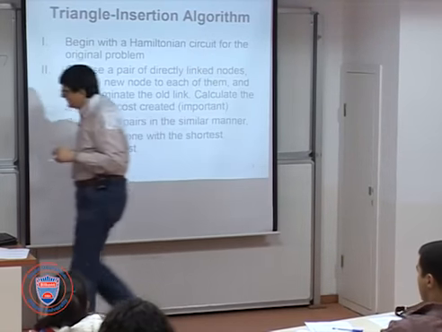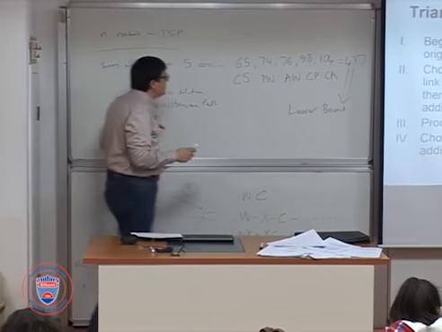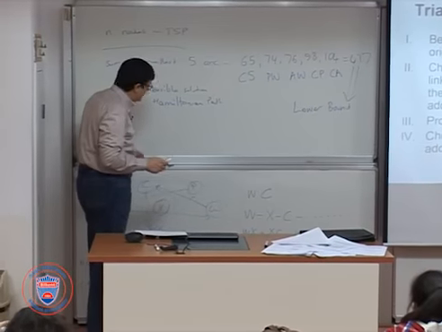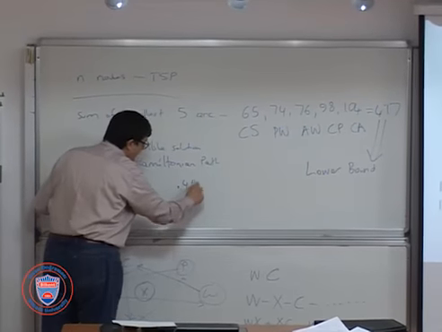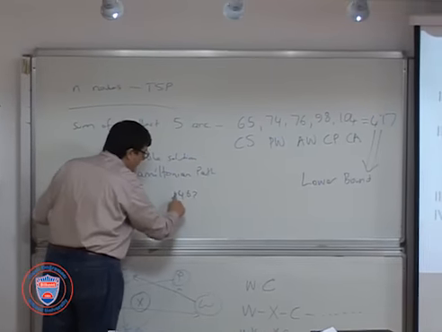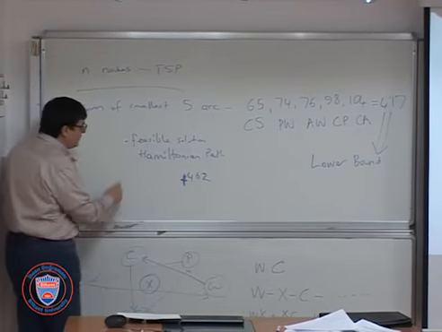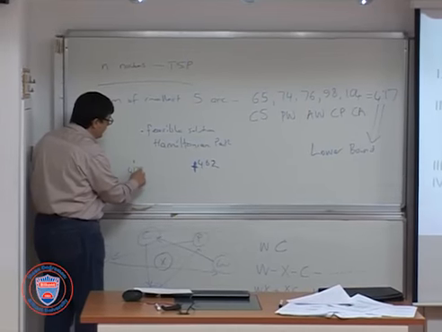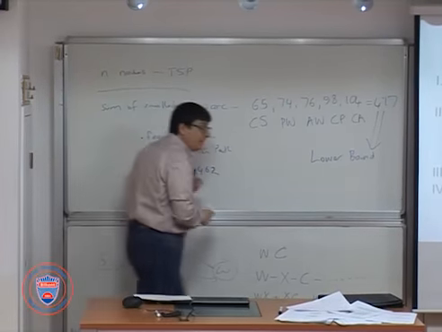Now, what was the original solution that we had? 462. So 462 is a solution that we have with the nearest neighbor, if you remember. And then here we have 417, which is the lower bound. Okay?